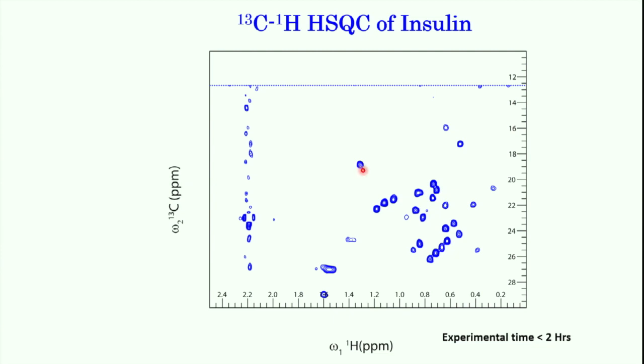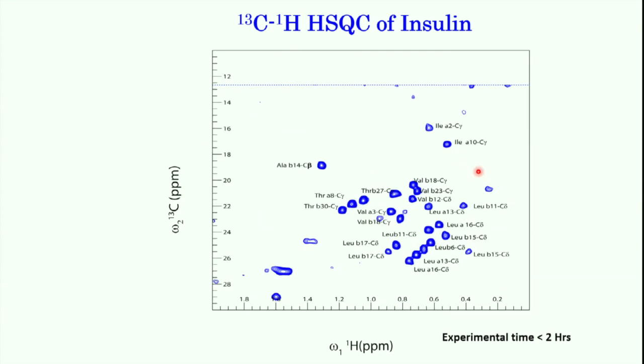Each dot represents one methyl group. So, one can assign these and find out what they are. Like here it is coming from isoleucine 2, here it is coming from isoleucine 10, and so forth. You can assign this using, of course, TOCSY and NOESY, and any variation happening in the protein structure one can easily distinguish.